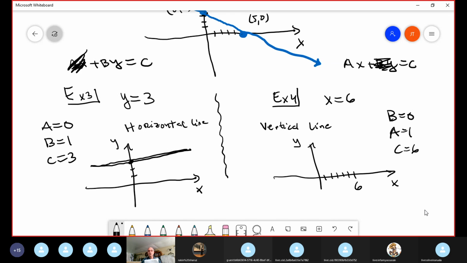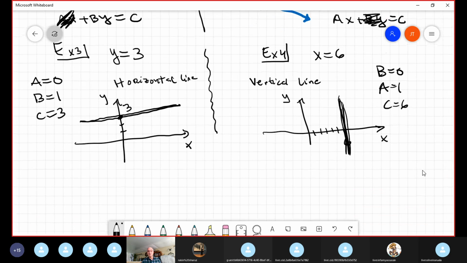This is 6, and this is a vertical line passing through 6. Okay, this is 3. So keep in mind, we have some special cases in which one coefficient, A or B, is 0, and you need to understand that when this situation happens, it is special: a vertical line or horizontal line.